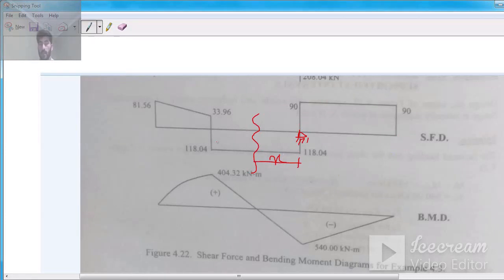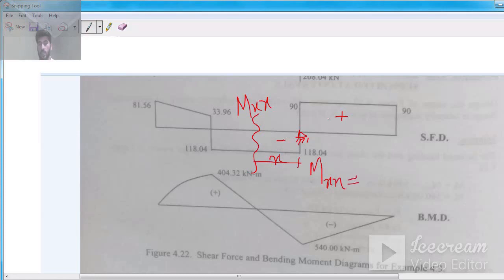Now if you want to determine your moment at this section x from this shear diagram, then you need, this is a positive shear, let's say, and this is a negative shear. So Mx will be the shear area of this one.